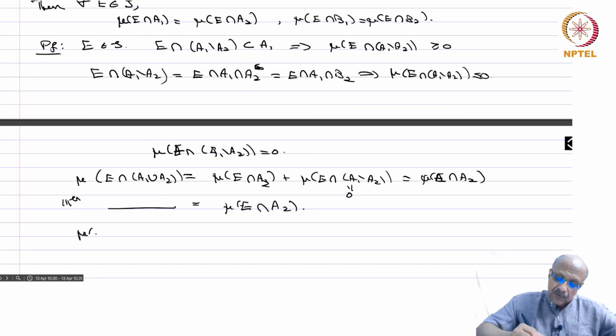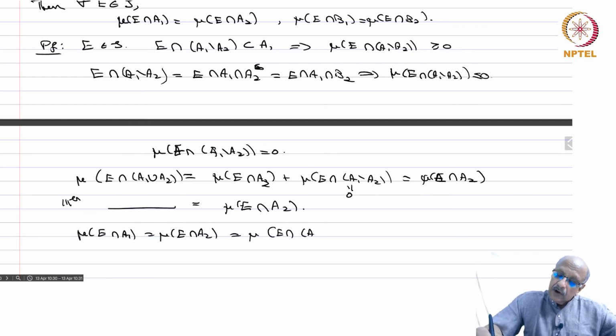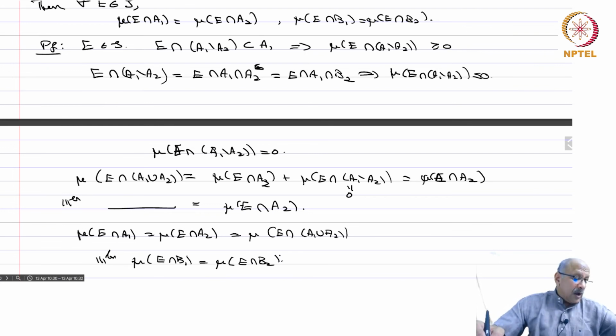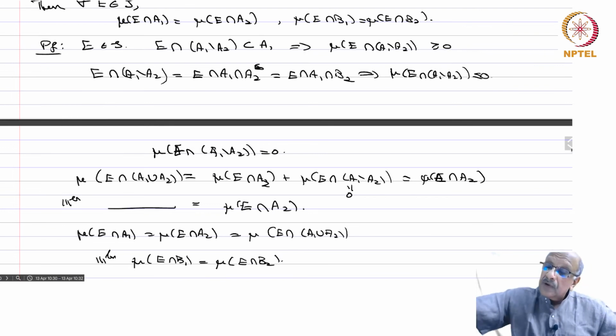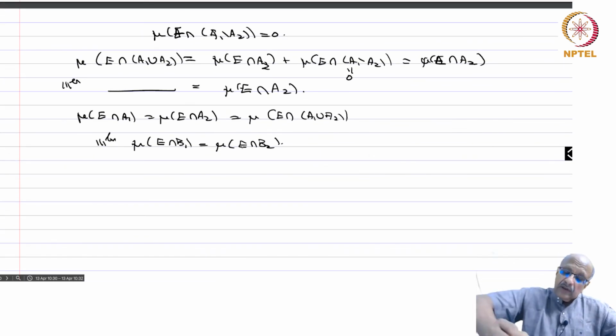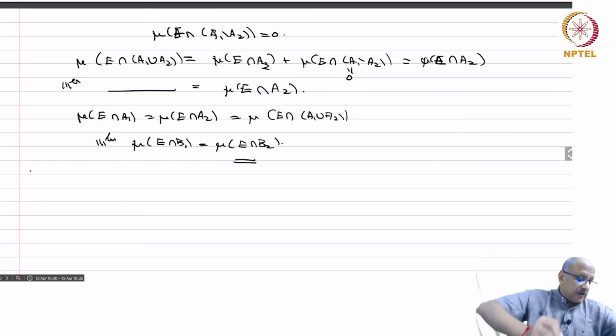So mu of E intersection A1 equals mu of E intersection A2, which is the same as mu of E intersection A1 union A2. Similarly, mu of E intersection B1 equals mu of E intersection B2. So any two Hahn decompositions only differ by sets of measure 0.